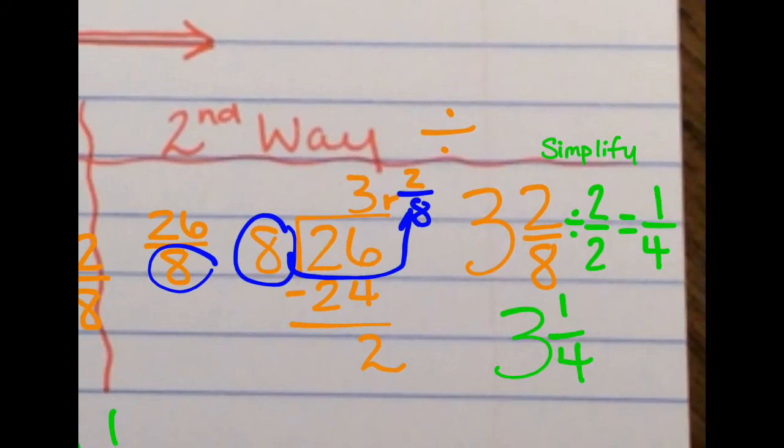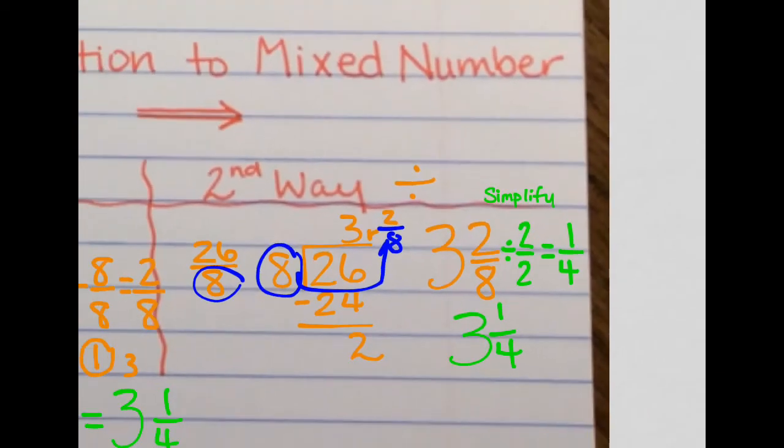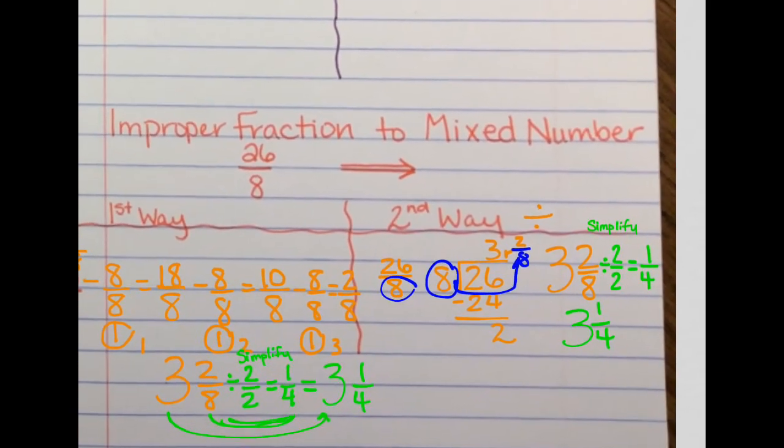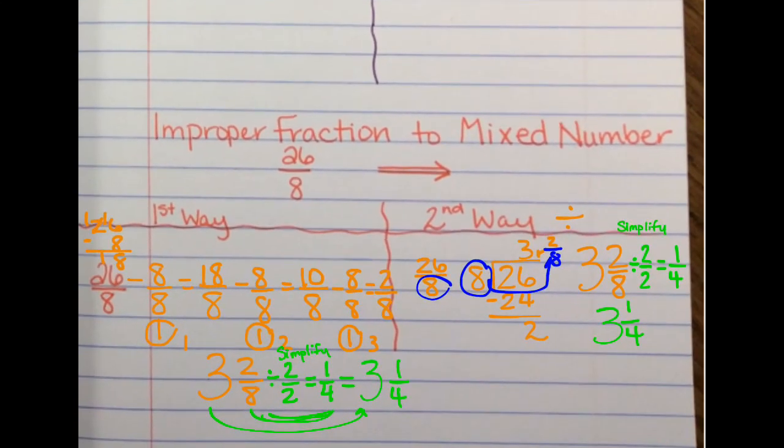So that's the second way you can do it, to move an improper fraction to a mixed number. And you can fill in right here that we changed this to 3 1/4. And even if you wanted to, you could still put that this is equal to 3 2/8.